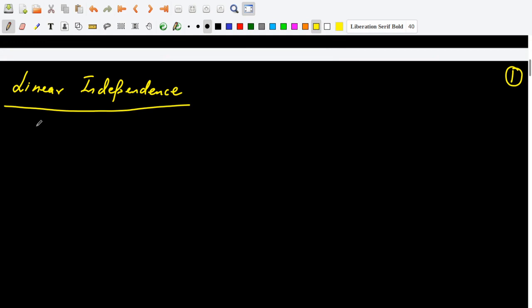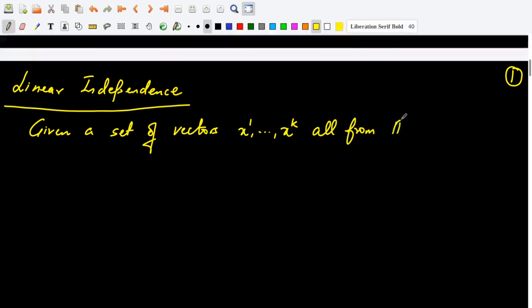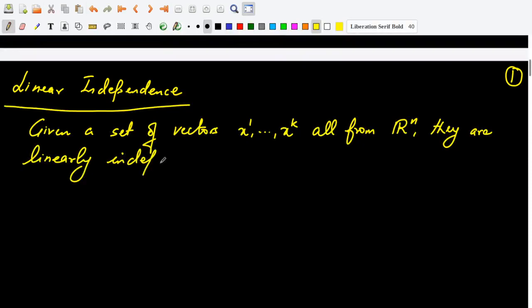It just means that given a set of vectors, let's say x1 to xk, all from Rn, they are linearly independent if we cannot write any one of them as a linear combination of others.